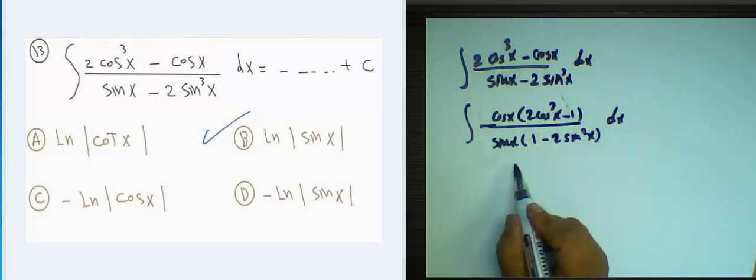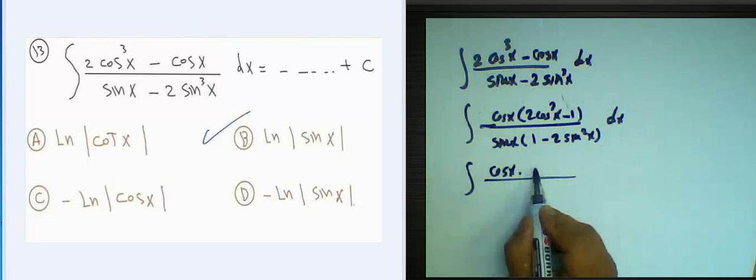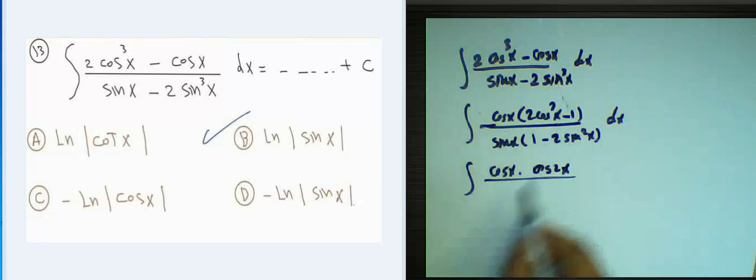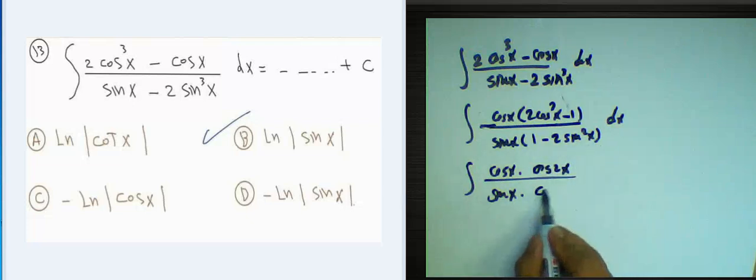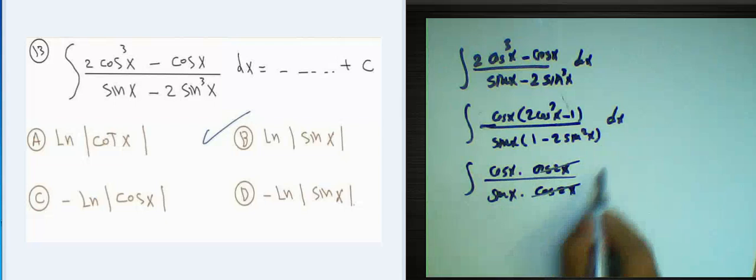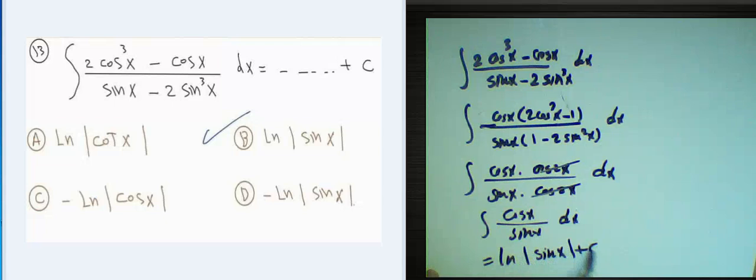We have an identity here: cosine 2x equals 2 cosine power 2x minus 1, and 1 subtract 2 sine power 2x equals cosine 2x, so we can cancel them. Here it will be the integral of cosine x over sine x dx, numerator is the derivative of the denominator, so it will be ln absolute value of the denominator. The result will be letter B.